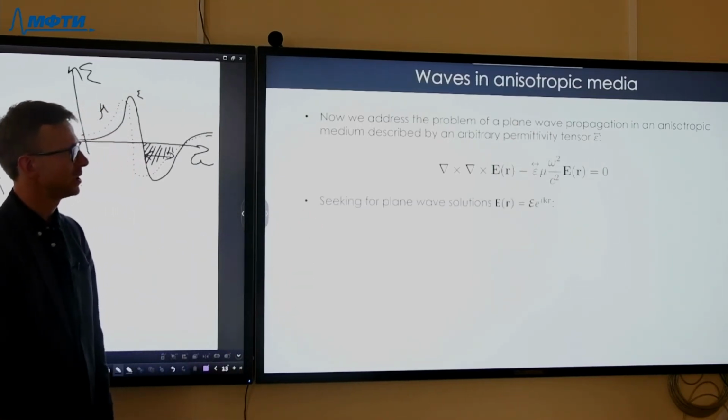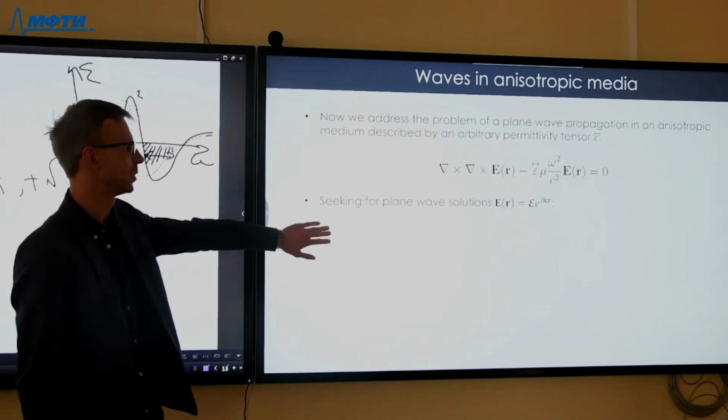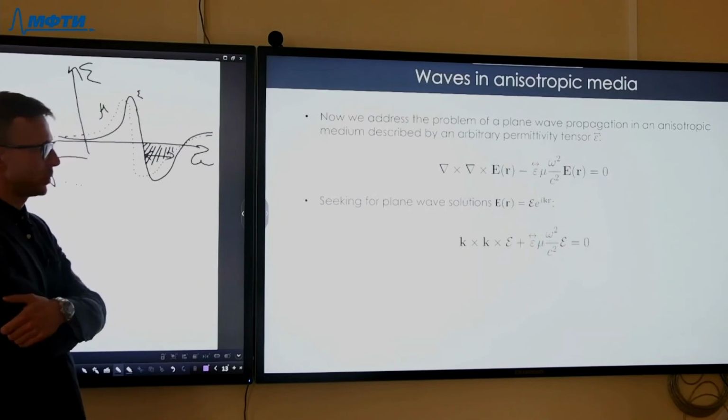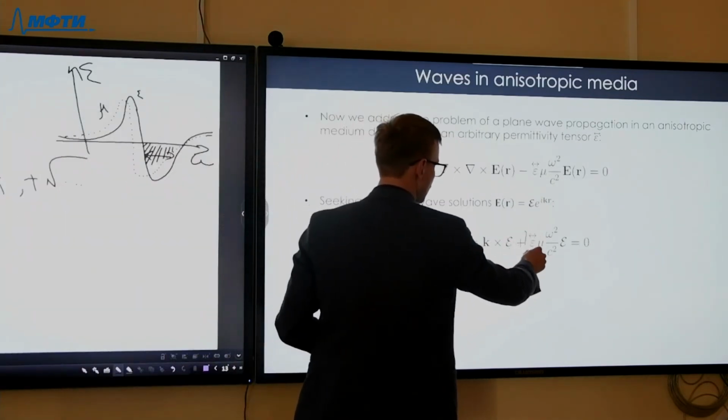Again, we go to our plane wave ansatz and we substitute the spatially dependent electric field with a plane wave. That is a polarization vector, an unknown polarization vector, times the usual phase factor, which we're going to determine in the following. And we arrive at this expression, which is the double cross product of k plus the usual omega squared over c squared times epsilon times e, where epsilon is now a tensor.